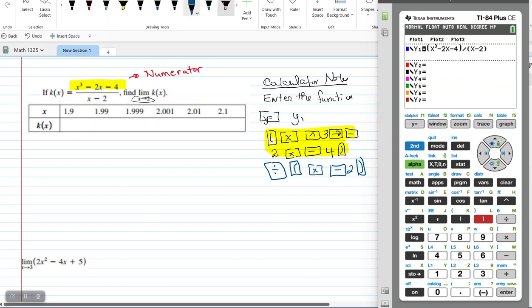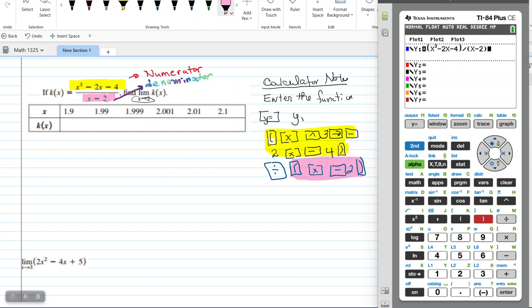Now this guy right here is critical because it is the denominator, and it has to be enclosed in parentheses. So that makes the denominator. And this part right here, the division, is the fraction bar that we did. All right. So I have it there.